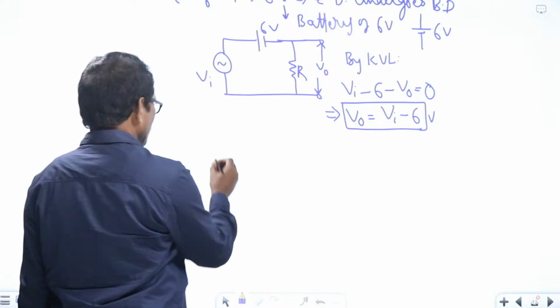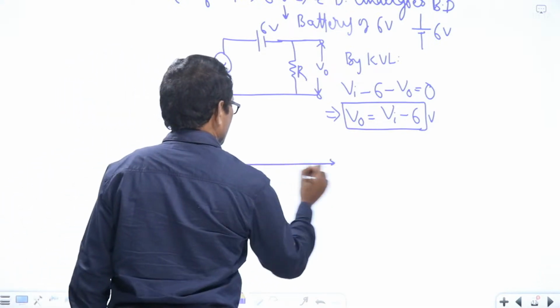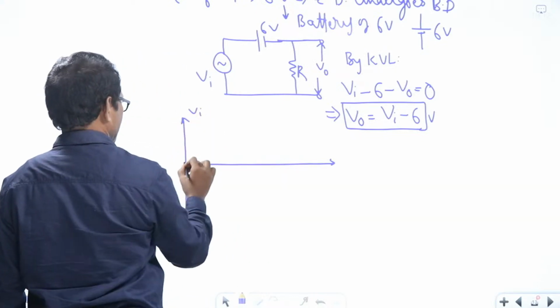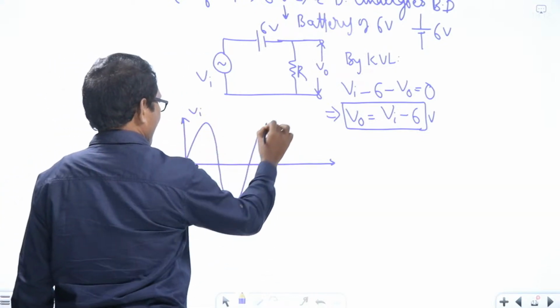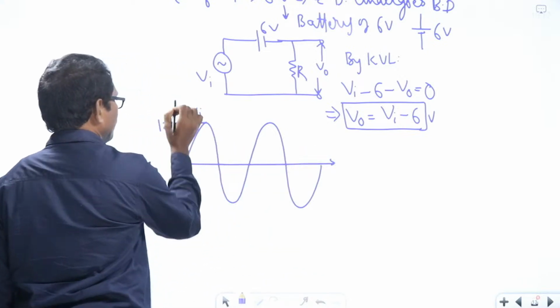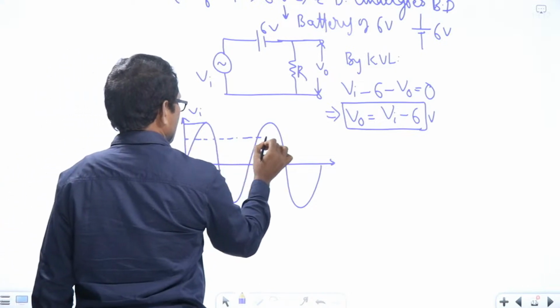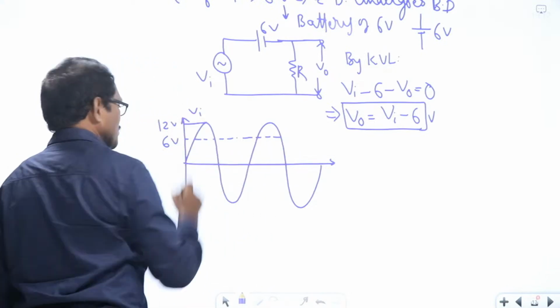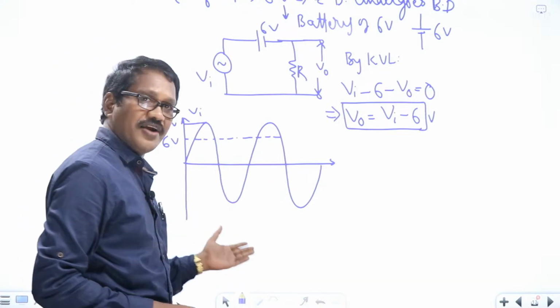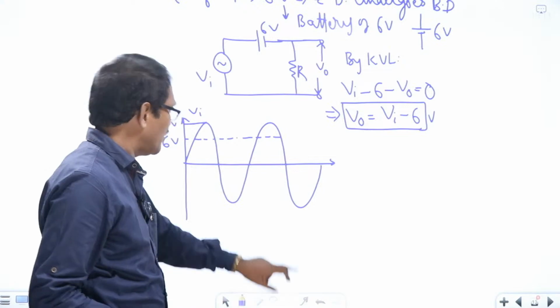The input-output waveforms: the 12 volts is clipped off at 6 volts in the positive cycle, and during the negative half cycle, the output is the same as the input.